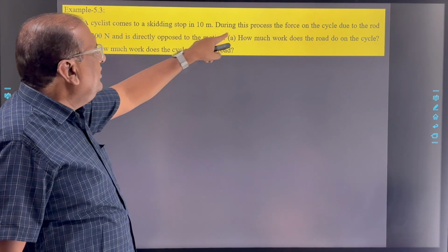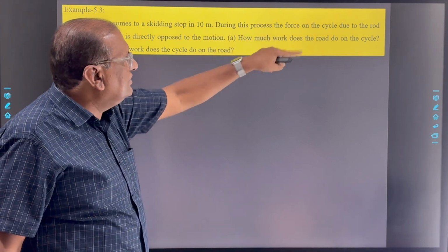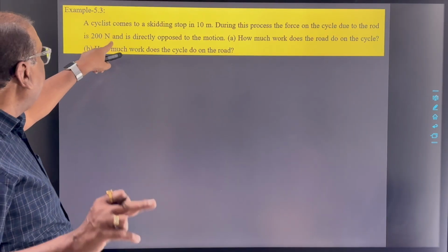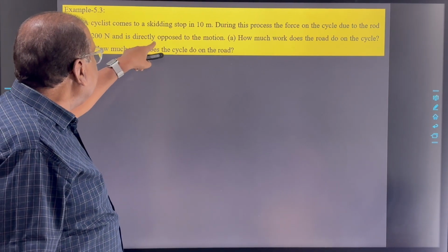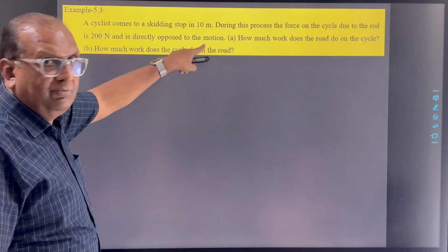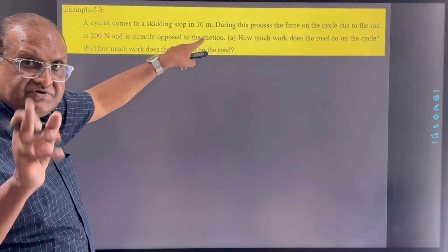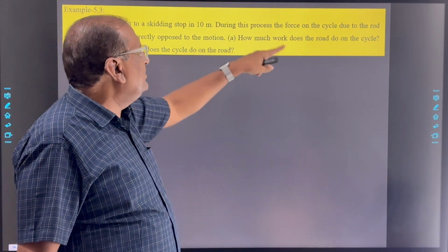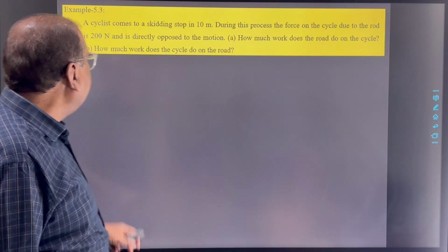Now, example 5.3. A cyclist comes to a skidding stop in 10 meters. During this process, the force on the cycle due to the road is 200 Newton and directly opposes the motion. A, how much work does the road do on the cycle?